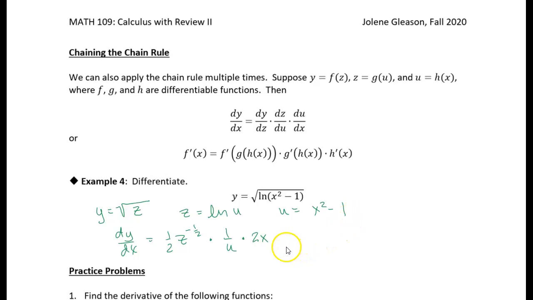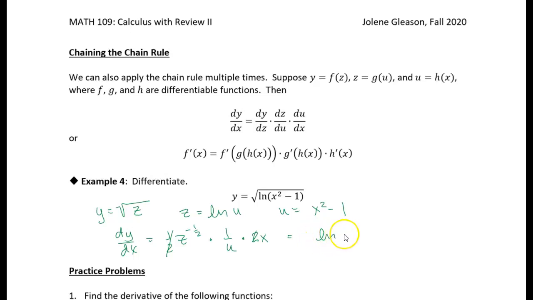Okay, so now we just need to put everything back together, because now we have things in terms of z and u, and we want everything in terms of x. So first of all, I'll just cancel this 2 times 1/2, right? So z is equal to the natural log of u, and u is equal to x squared minus 1.